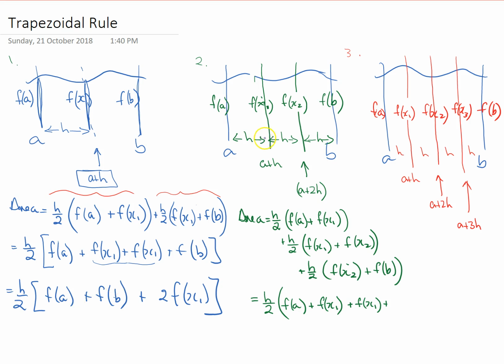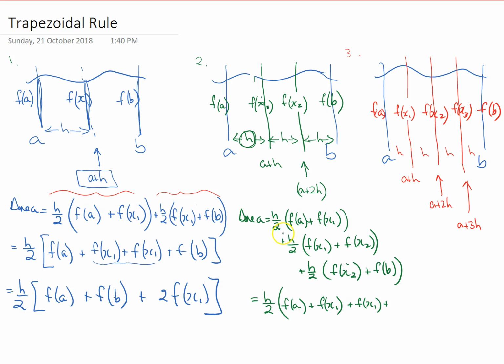Let's move on. When we've got 3 strips, the important thing to note is the size of h has changed. H is smaller here than it was over here. So if I had 3 strips, I'd have a different value for h. I'm calling my first parallel line of my trapezium f of a. The second one, I'm calling f of whatever the first x value after that is, then the second x value, and that's all I've got except for the last value for x, which is b.